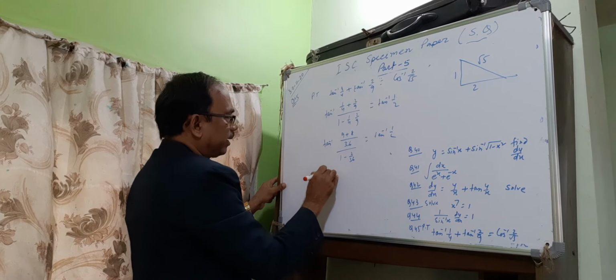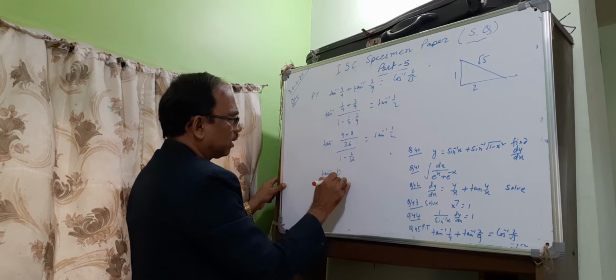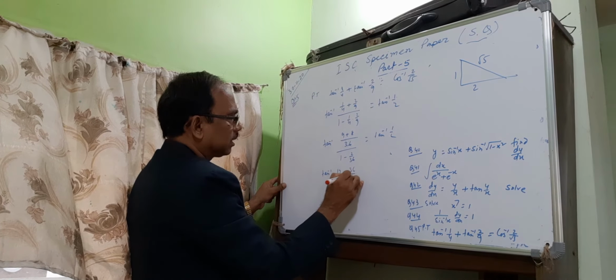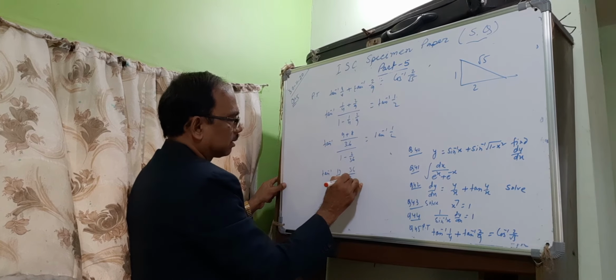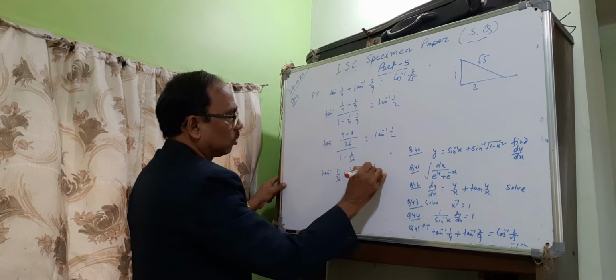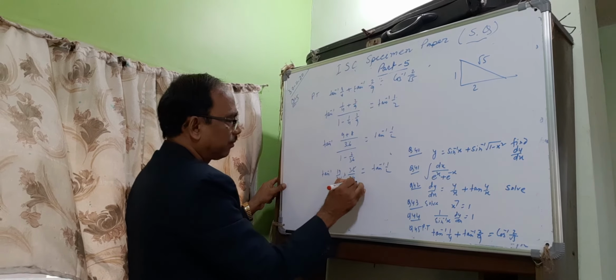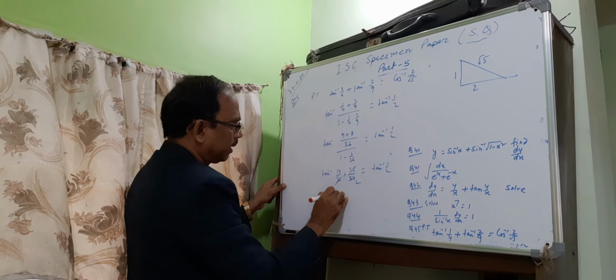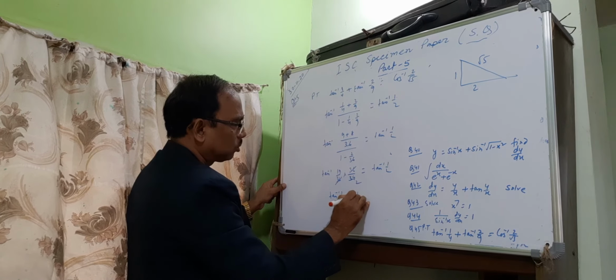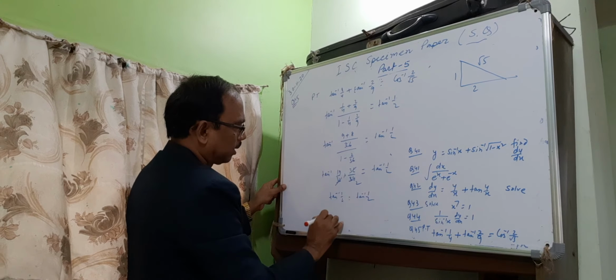That is tan inverse 17 by 36 into 36 by 34 equals tan inverse half. 36 cancels, that is half. That is tan inverse half equals tan inverse half, hence proved.